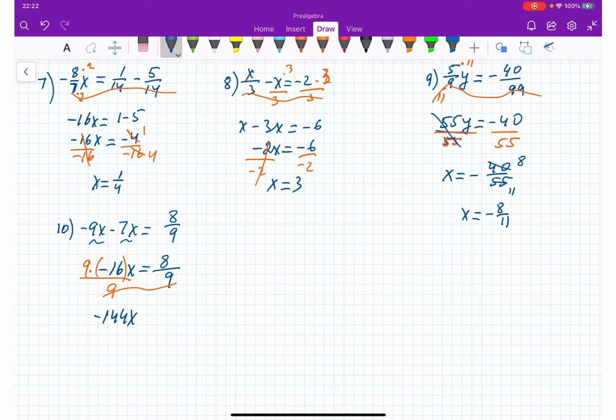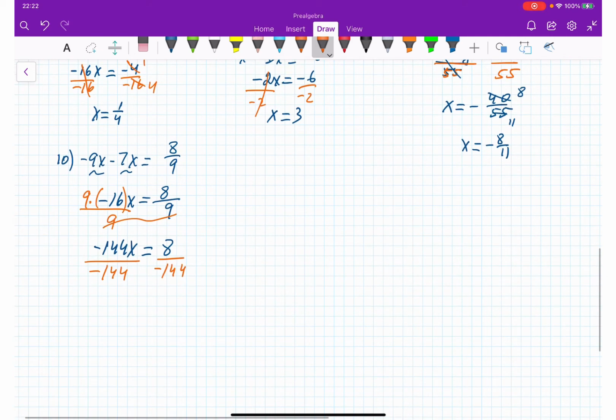Negative 144x equal to 8. So we divide by negative 144. We always divide by coefficient of x. So this is gone. It's going to be x.